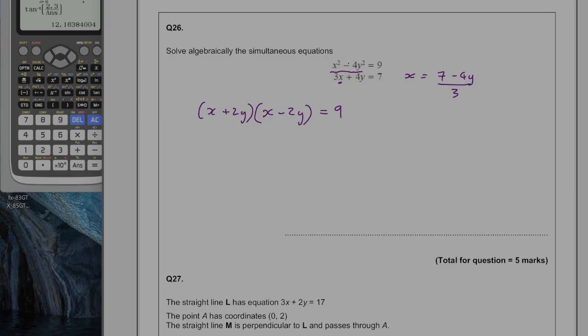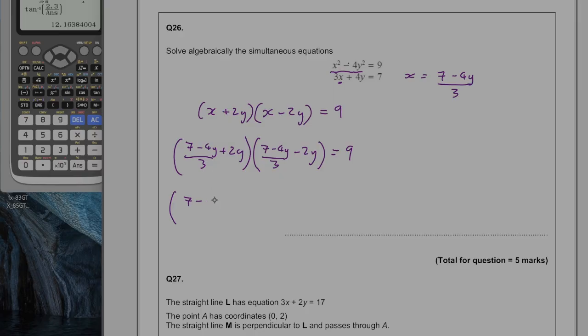So let's see how this works then. If I substitute in for x, then I'm going to get 7 minus 4y over 3 plus 2y there. And over here, I'm going to get 7 minus 4y over 3 minus 2y is equal to 9.